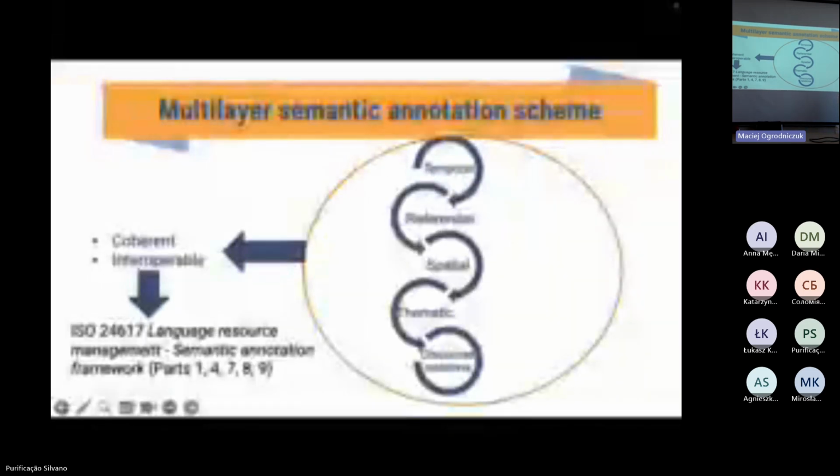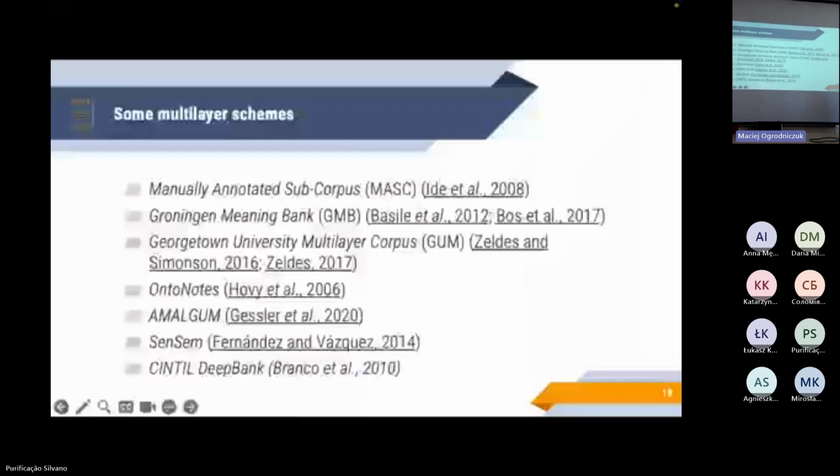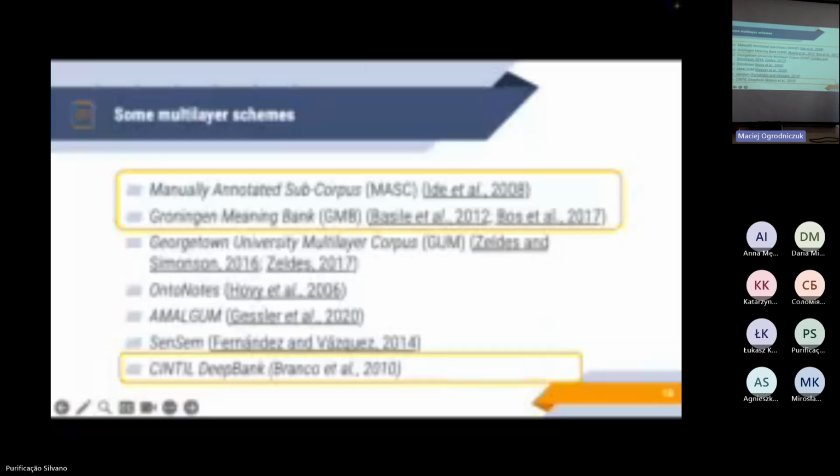And why did we choose to work with ISO? Well, when we look at related work, and there is a lot, as you know, during the last few years there has been a significant proliferation of multi-layer annotated data sets, and there are different proposals. You may know some. For instance, we have MASC, which is a manually annotated subcorpus. We also have the Groningen Meaning Bank, and for Portuguese, there is, for instance, the Sintética Deep Bank.